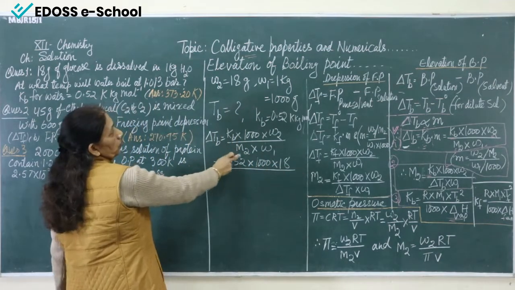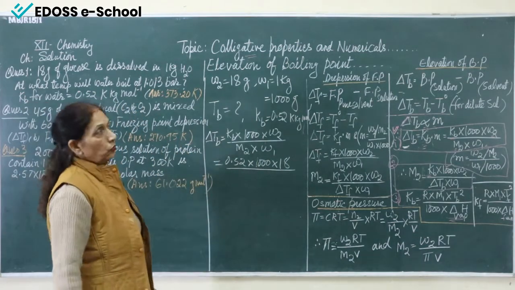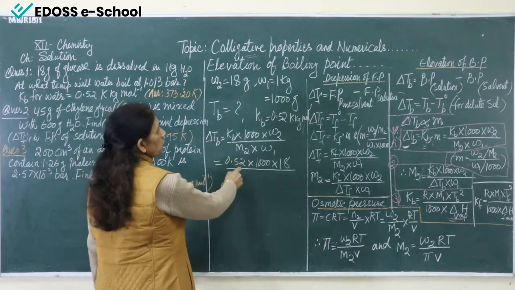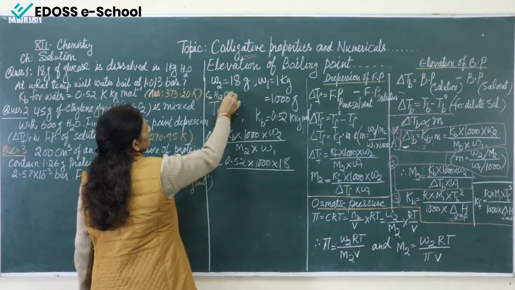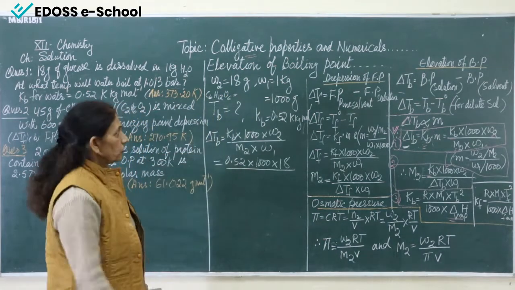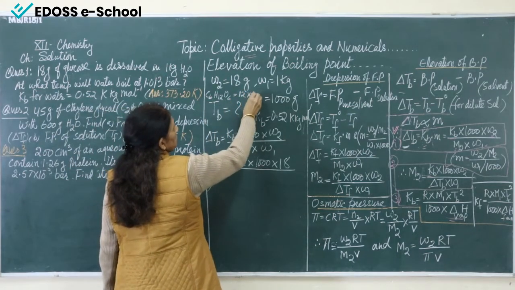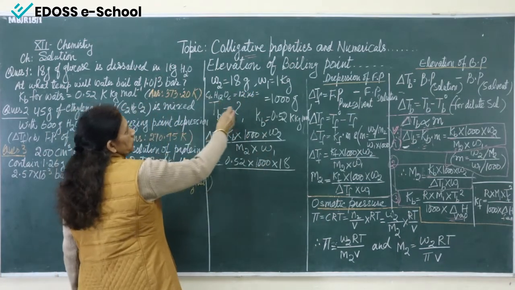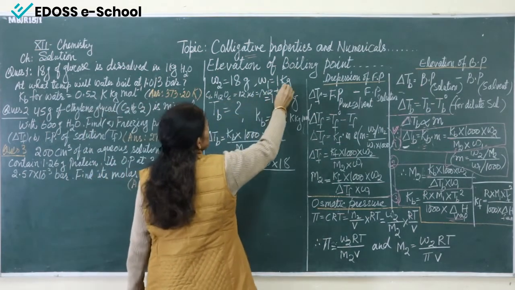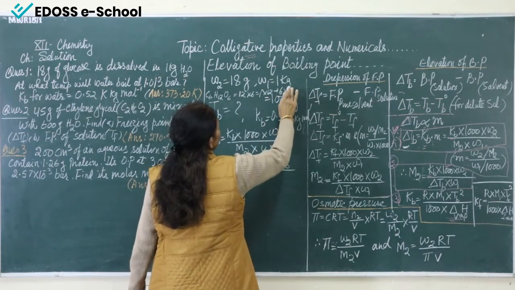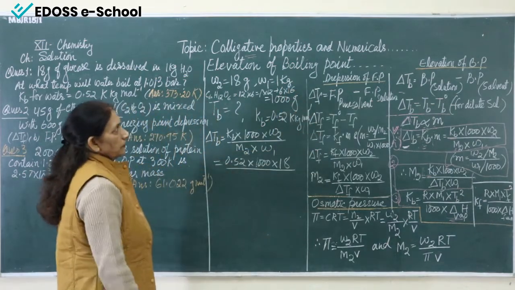Now M2. M2 means glucose, because our solute is glucose. The formula of glucose is C6H12O6, so we will find its value. C6 means 12 into 6, H means 1 multiplied by 12, and O6 means 6 multiplied by 16.